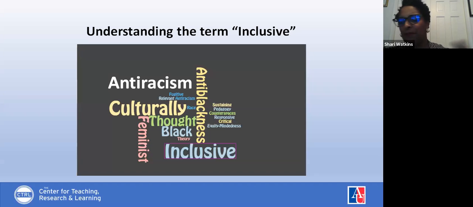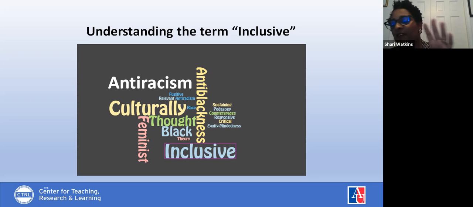Thank you for sharing these ideas. It's really important, right? So for me, when I think about this term inclusive, a lot of this is anchored in scholarship, right? I think about this in terms of the perspectives and frameworks we use in our scholarship in the academy.